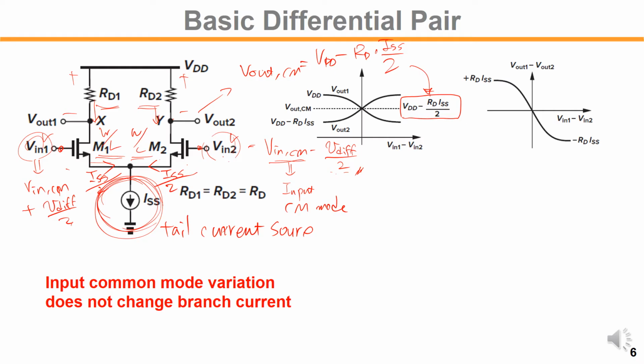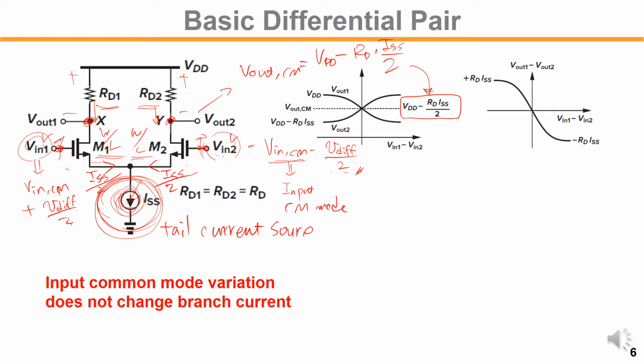So everything is balanced, the same voltage, equal on the left and right hand side, the same voltage on X and Y, and the same voltage applied on Vin1 and Vin2. So in that case, even though the input common mode changes, this current ISS always splits into two branches equally. That doesn't change the output common mode voltage.